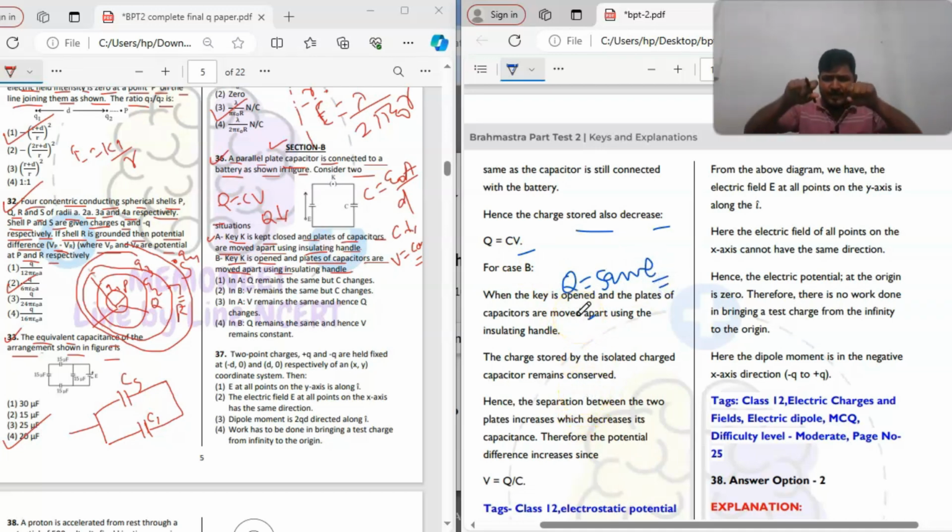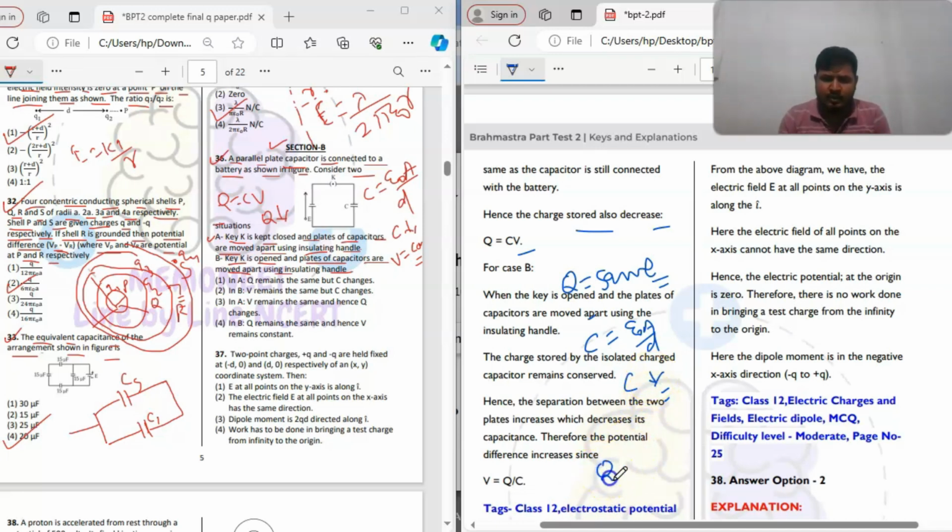Now, when we separate this parallel plate capacitor, the distance is increasing. If distance is increasing, C will decrease, right? So capacitance will decrease.